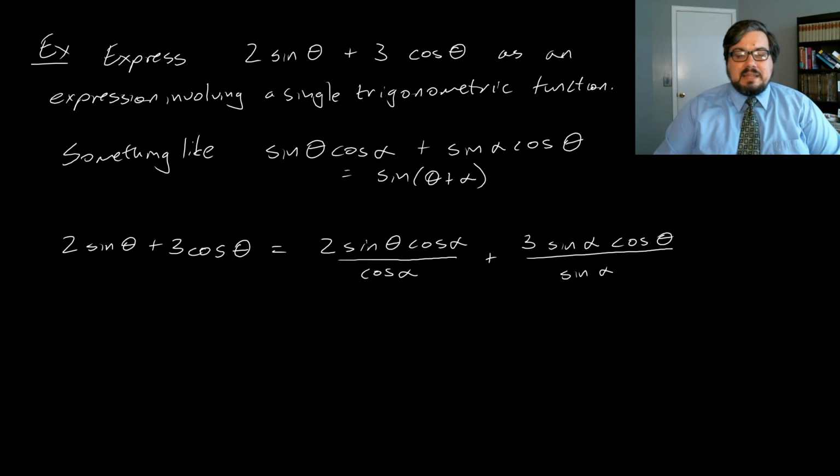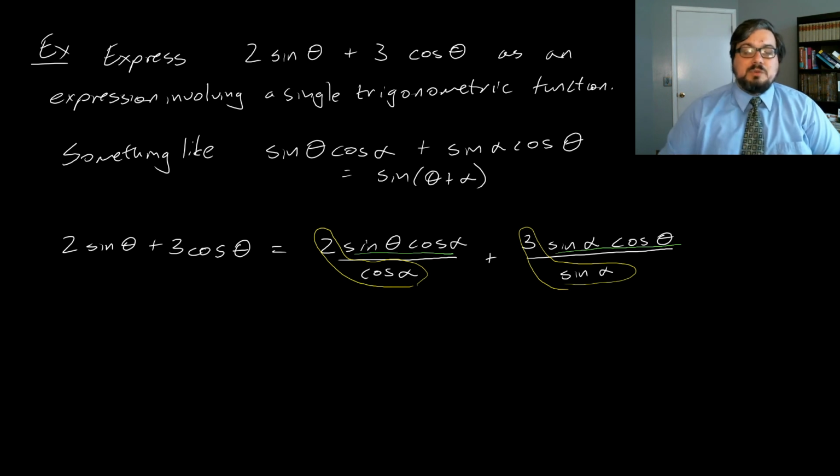Now, from here, I've got parts of this expression that I like, the 2 sine theta cosine alpha and the sine alpha cosine theta, but I've got some parts that don't match up with what I want. We've got the 2 over cosine alpha here and the 3 over sine alpha here.